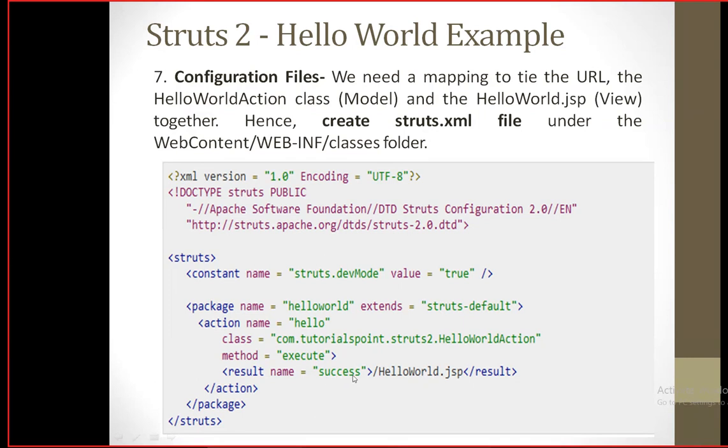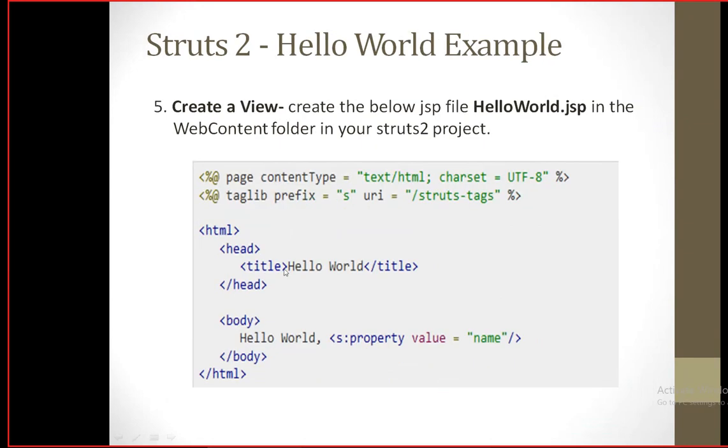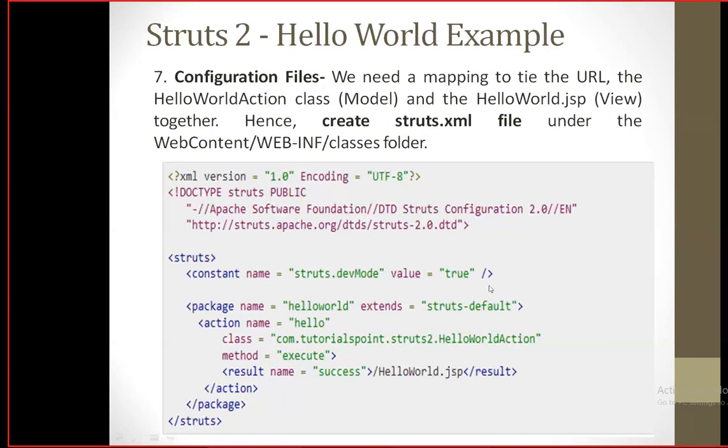Now for the success message, we have designed the HelloWorld.jsp page, the one that we designed over here, right? This one, HelloWorld.jsp. The same URL we are mentioning in the pair of result tags, and then we close the action. Again, if we have more than one action class, we can have more than one action tags inside the struts.xml. Clear? Be very clear about what all components we have in the struts.xml file. This is important.